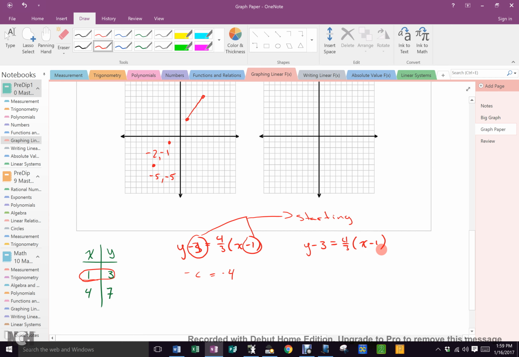The point was 1, 3, right? So 1 would go in there, right? 1 minus 1 is 0. 3 minus 3 is 0. That's why that sign has to be reversed, because you need 0 to equal 0. Does everybody get it?